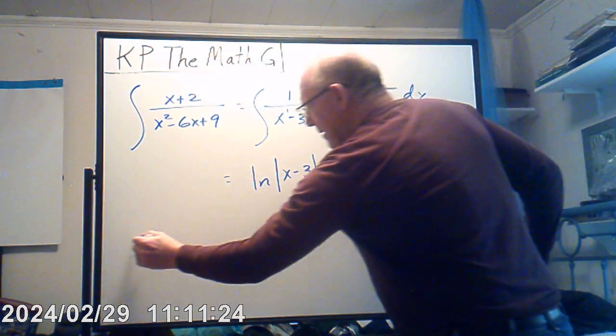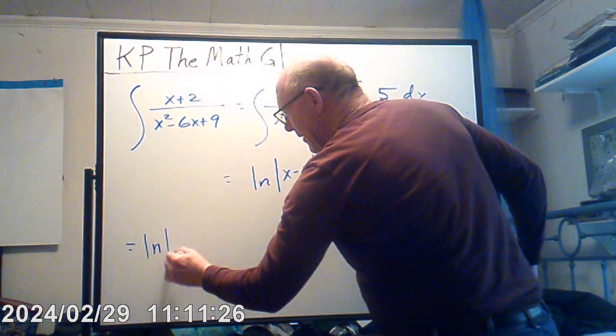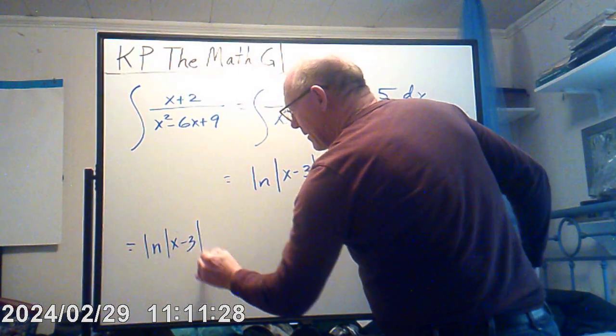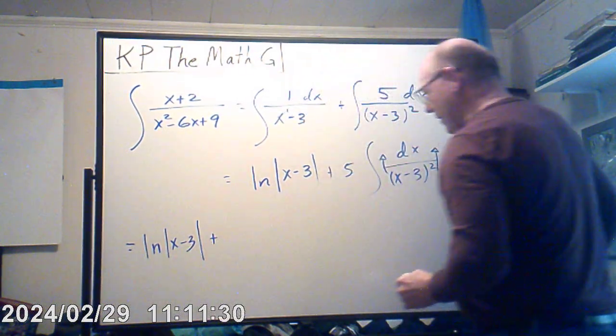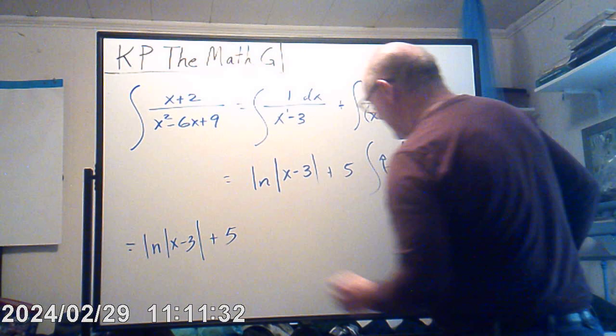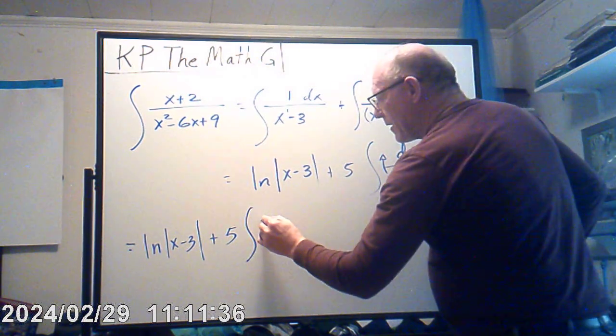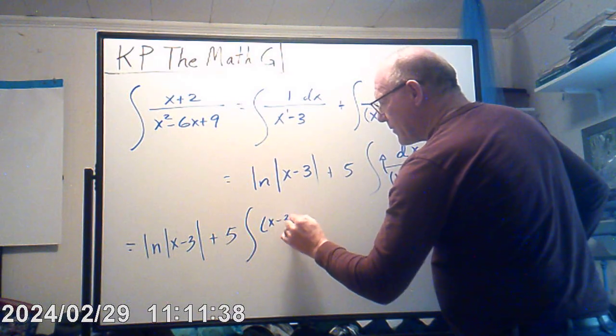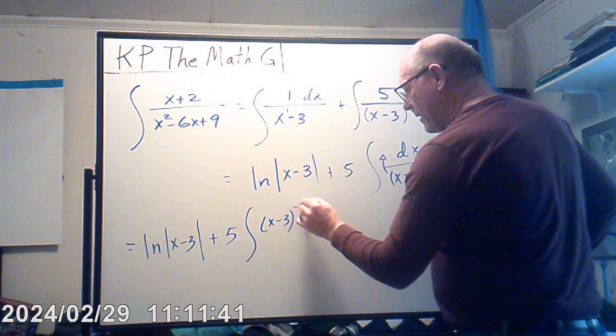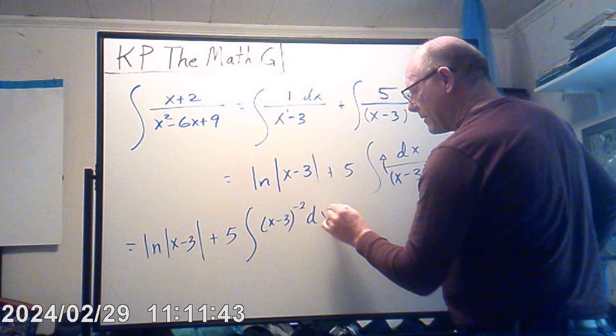So this side we already know is ln of absolute value of x minus 3. Now 5, and I'm going to bring this up right here: x minus 3 to the negative 2 dx.